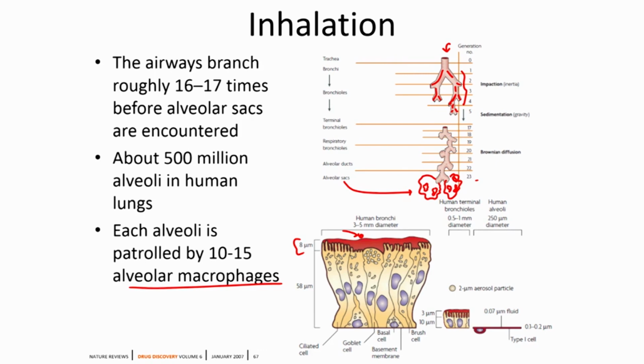But as you go down to smaller and smaller vessels, somewhere around here, the goblet cells are smaller and the mucus layer is also small, about 3 micron. Finally, when you go to the alveolar sacs, we are talking about a very thin layer of cells with a very thin, very fluidic layer of mucus, almost about 70 nanometer.